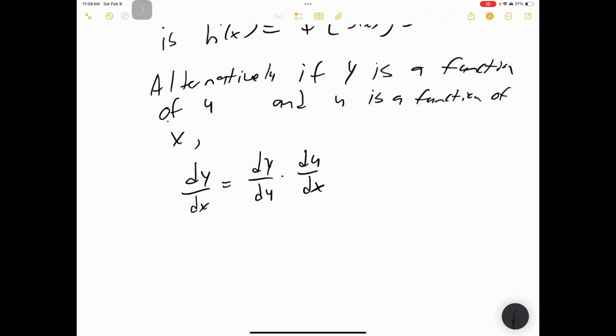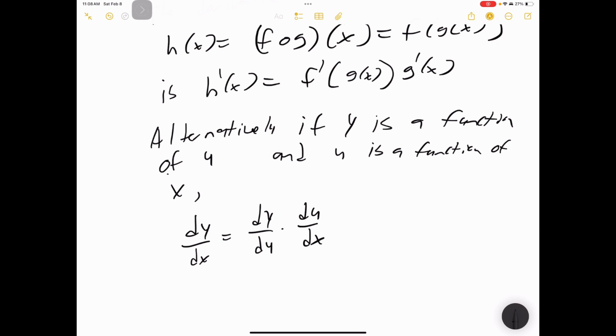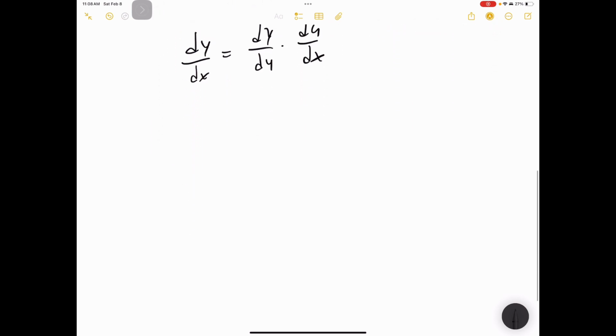And we'll use this definition a little less, but the definition above is the one we're going to go with for our class.